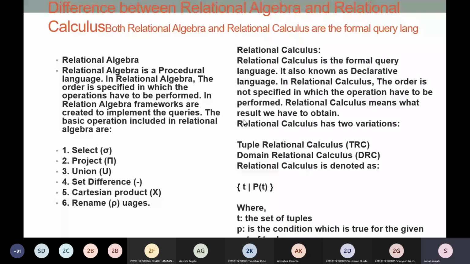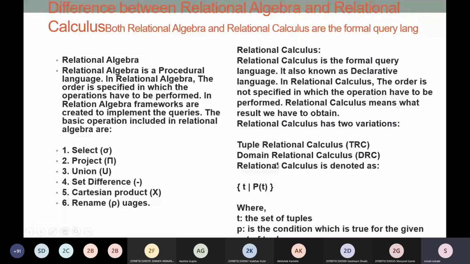Here are the basic operations that we perform with relational algebra: select, project, union, set difference, Cartesian product, and rename. These are a little bit simpler as compared to relational calculus. In relational calculus, we have two variations: first, tuple relational calculus, and second, domain relational calculus.